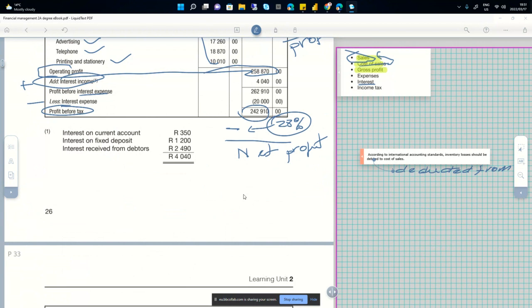And this net profit will either be retained, what we call retained earnings, in order to grow our business, in order to invest in other assets, or it's going to be distributed, which we call dividends.